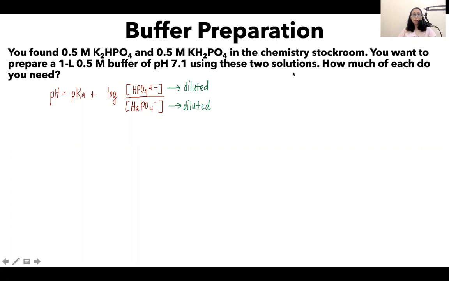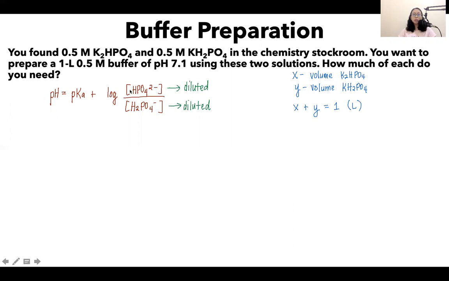With that, we will assign X as the volume of the potassium hydrogen phosphate and Y as the volume of the potassium dihydrogen phosphate. So we know that the final volume of the solution is 1 liter, which means X plus Y is equal to 1. The unit is liter.